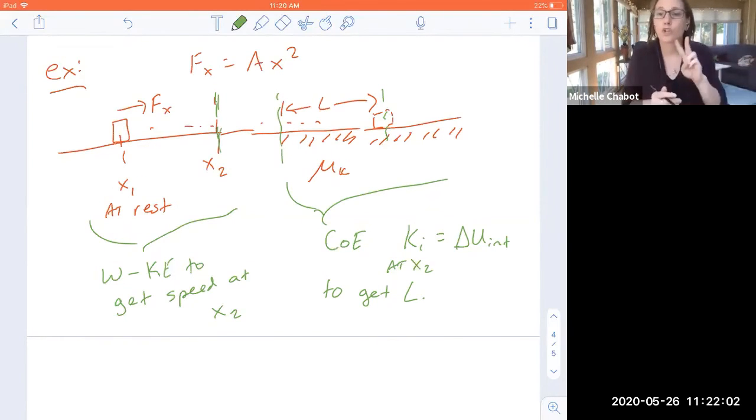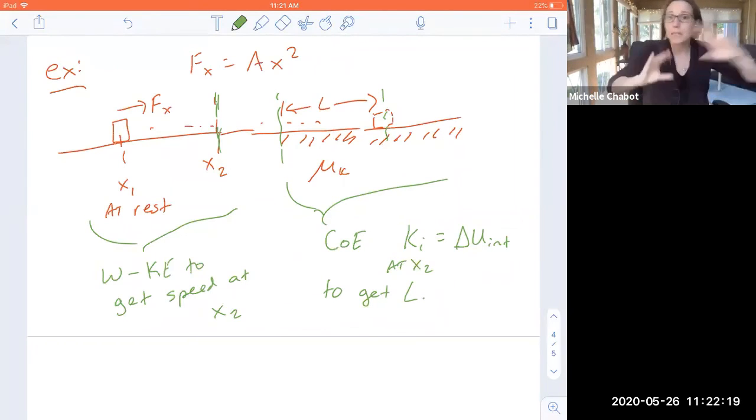So it's a two-step problem: work kinetic energy allows you to get the speed, and then you can use conservation of energy to get how far it went before it stopped. And that's just one example. I could apply the force, but then have it travel up a hill and hit a spring, and I have a conservation of energy problem that way as well.